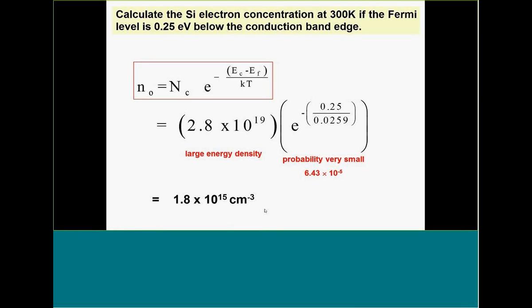Normally when we dope it is about 10 to the power of 16 per cm cubed. So it's comparable. Okay.